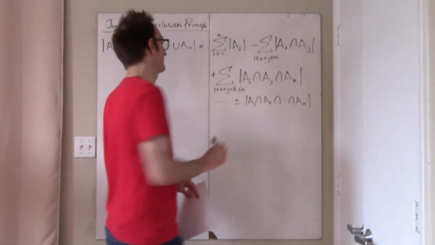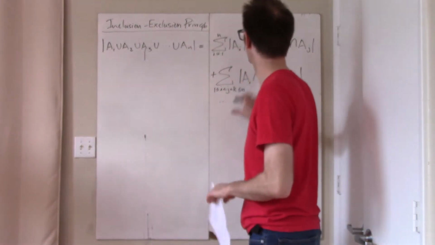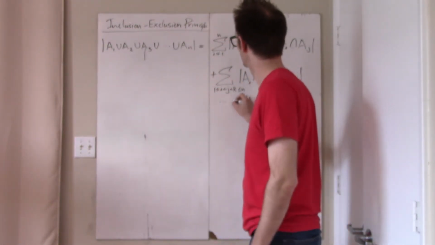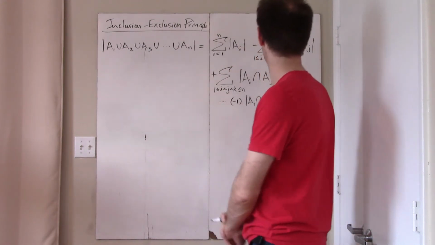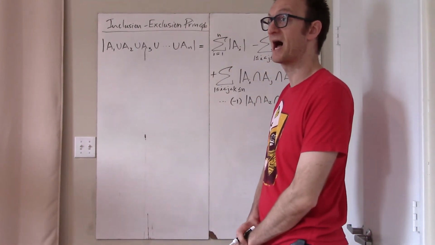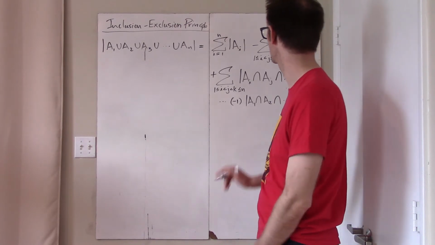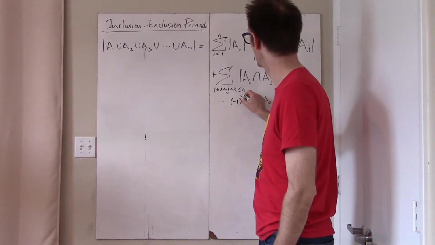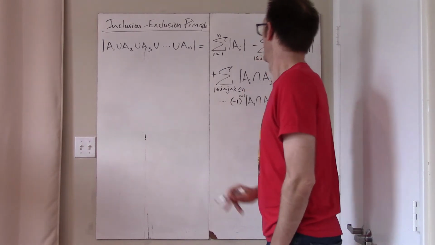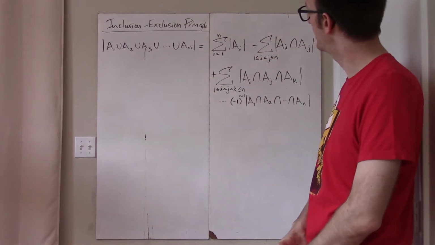Yeah, so I guess I could even add in here if I really wanted to. This is just going to be -1 to the, what did I just say? If n is odd, the last one will be positive. So it's like n plus 1. Okay, great.